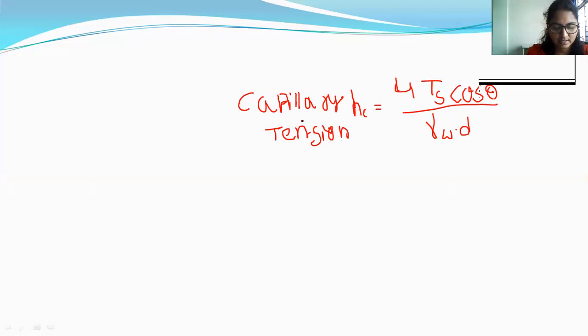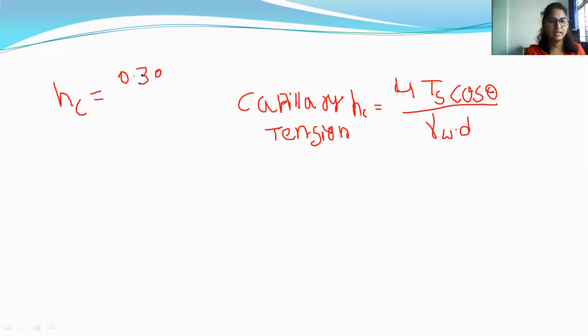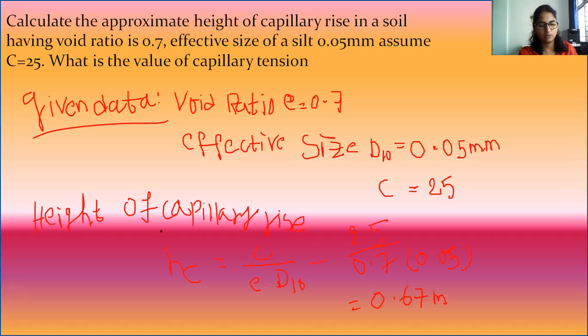Next, calculate d. We know that h suffix c is equal to 0.30 by d. How do we calculate the d value? By using h suffix c, the height of capillary rise, which we already calculated as 0.67.